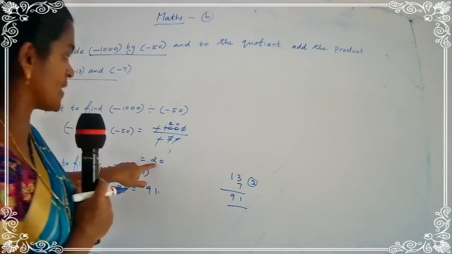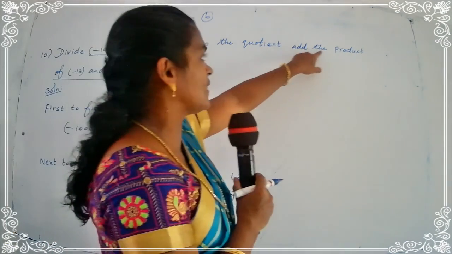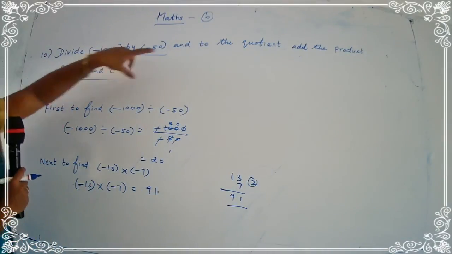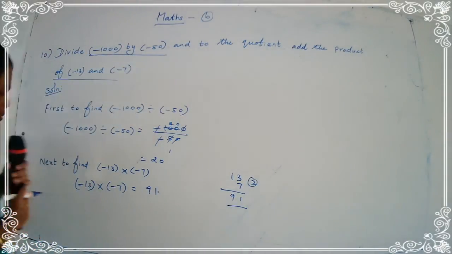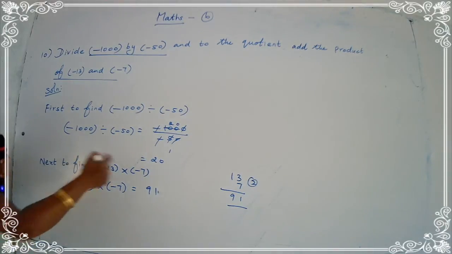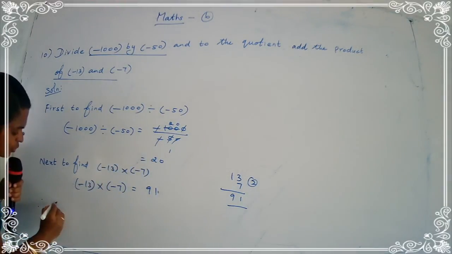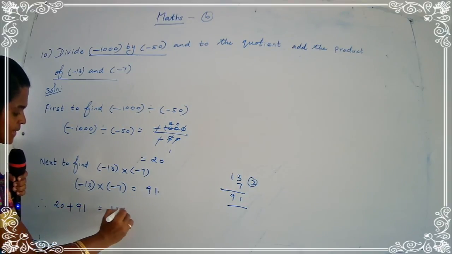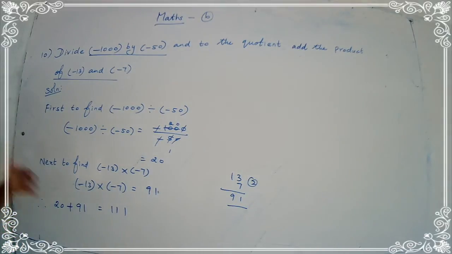The quotient is 20, add the product of minus 13 and minus 7. Appo idoda value என்ன செய்யணும், add பண்ணணும், okay? So add பண்ணும்போது என்ன வரும், 20 plus 91. So 20 plus 91 is equal to 111. Therefore the answer is 111.